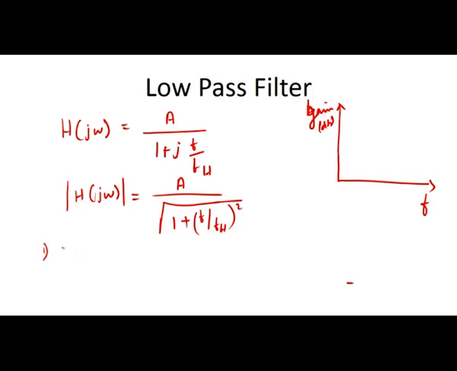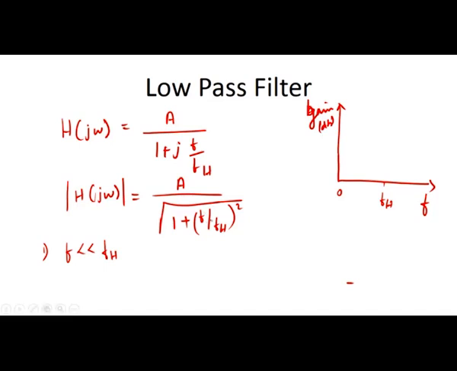For the first case, if f is less than fh, say here is the cutoff frequency, and the frequency of the input signal f is less than fh, that is from 0 to fh, then this term will be neglected because it is going to be a lower one.